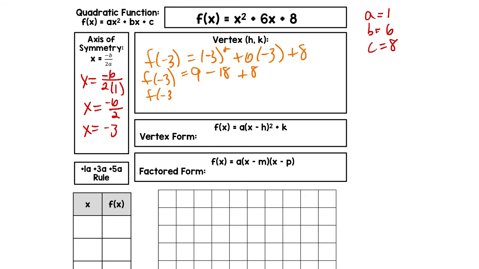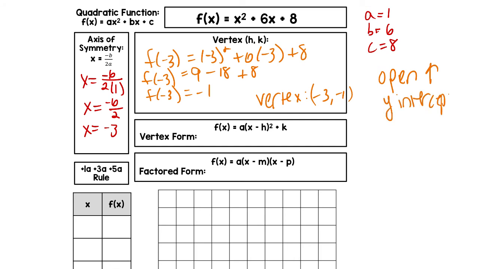That means f of negative 3 is negative 1. So our vertex is negative 3, negative 1. It's going to open up, and our y-intercept will be 8. So those are good things to know when we're going to start graphing.